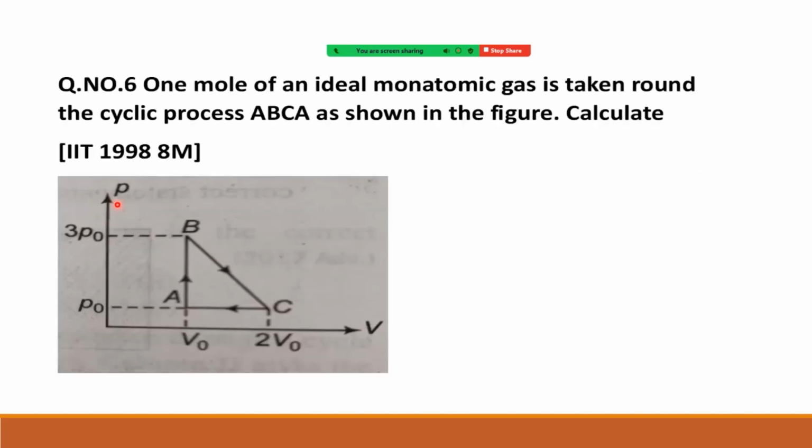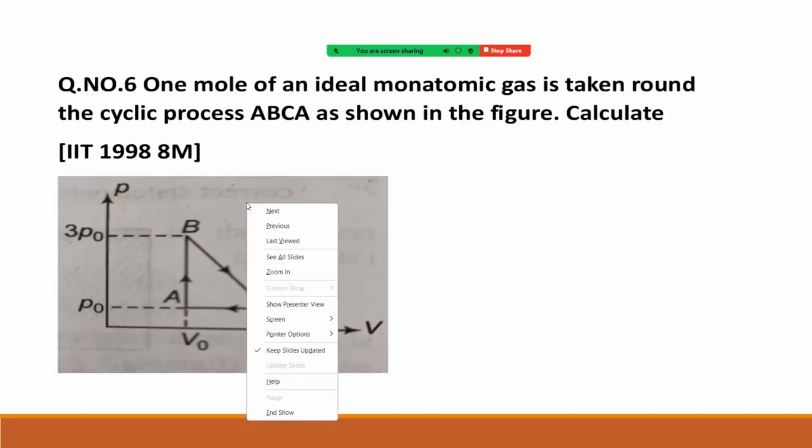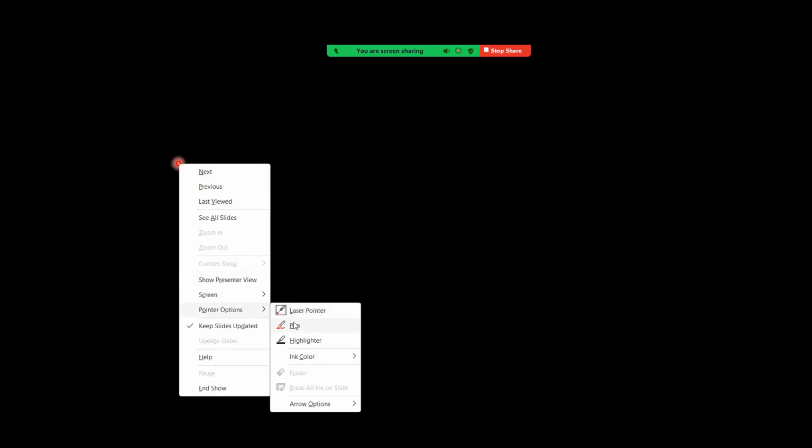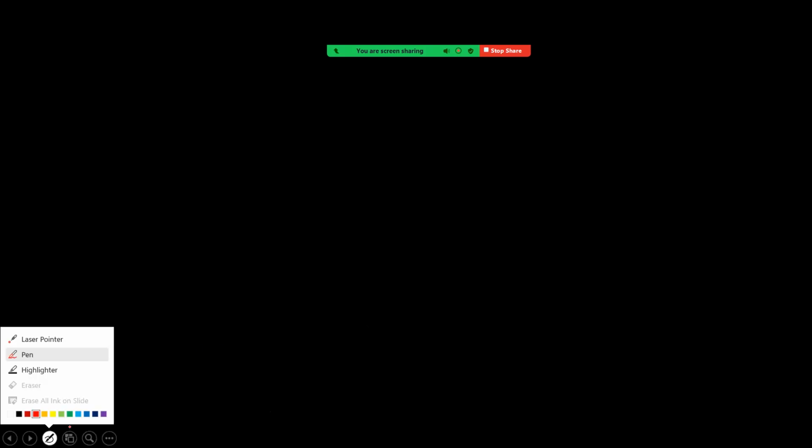Okay. First, let us make the diagram for this one. See the graph given. It is a graph between pressure and volume.